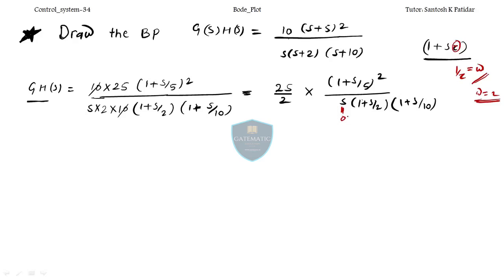So how many frequencies are you getting over here? First at s equal to 0. The second at s equal to 2. The third one at s equal to 5. The fourth one is s equal to 10, means omega equal to 10. So you are getting 4 frequencies. First at origin, then at 2, then at 5, then at 10.